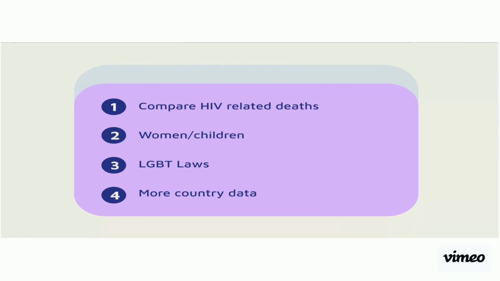And then just more country data, going back to the map that I showed previously. A lot of countries were excluded in the data set that I was looking at, so I would like to look at the data for those countries as well. And that's my project.